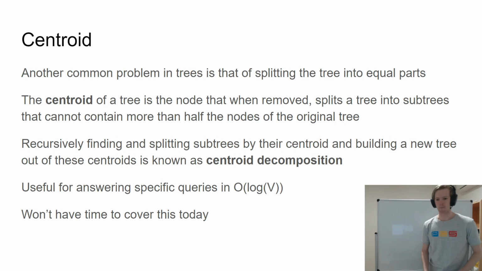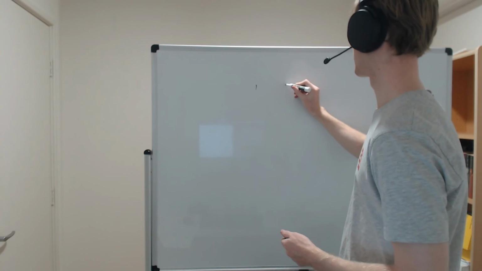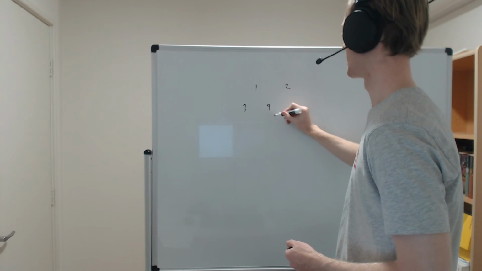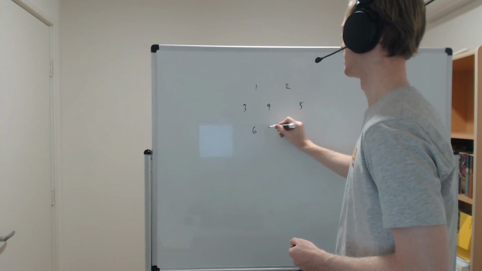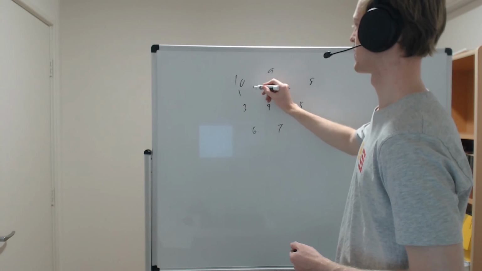All right. So another property of a tree is its centroid. What is a centroid? A centroid is basically a node that splits a tree into two equal parts. So say we had some tree. Again, I'll draw a slightly more complicated tree just so that the example isn't trivial. 8, 9, 10, and we'll connect everything.